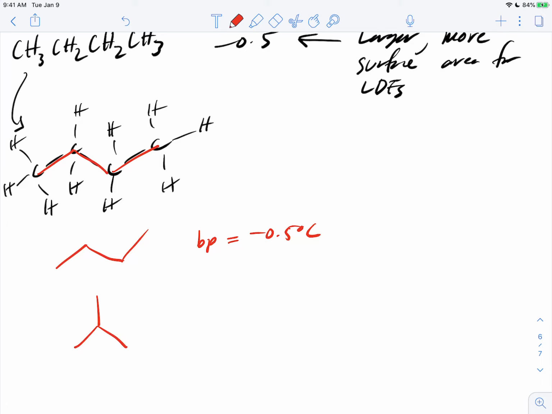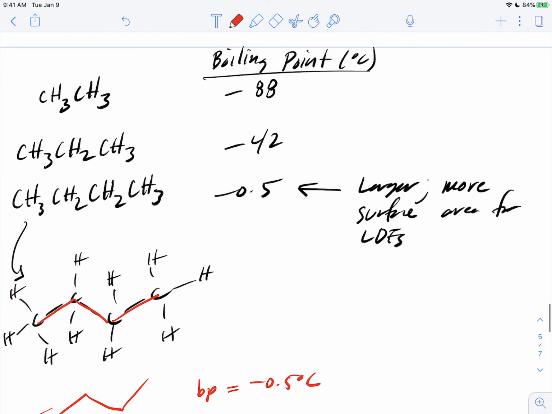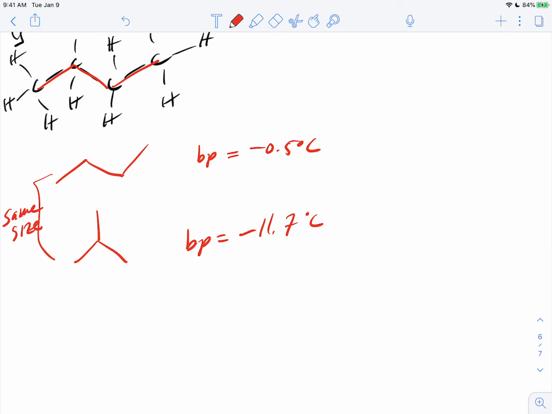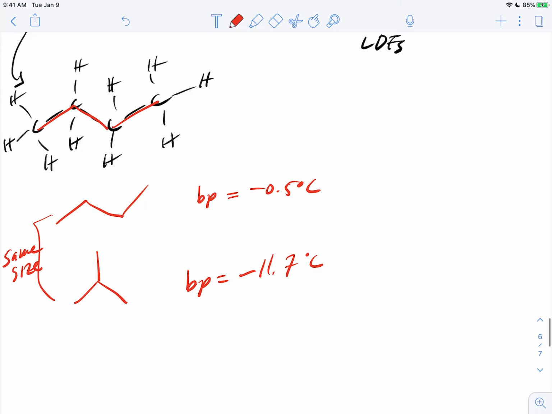So both of these have the same number. So these are the same size. The boiling point here is negative 11.7 degrees Celsius. So again, not as big of a difference as we saw from changing in size. But we can see that the difference here is shape.